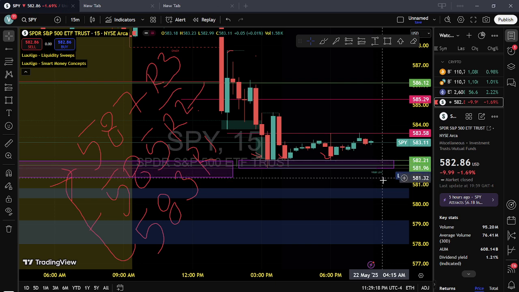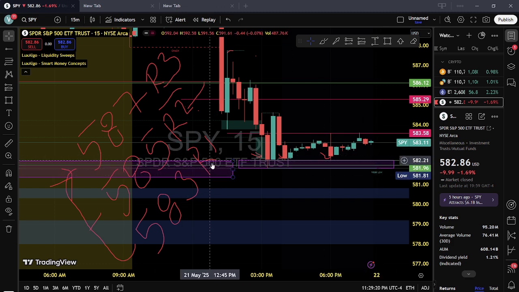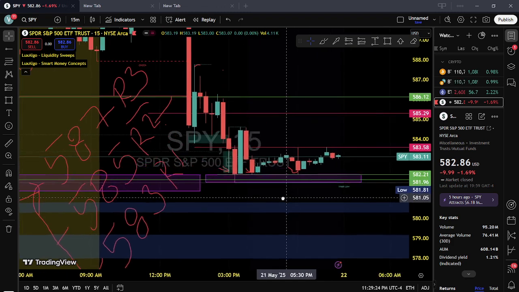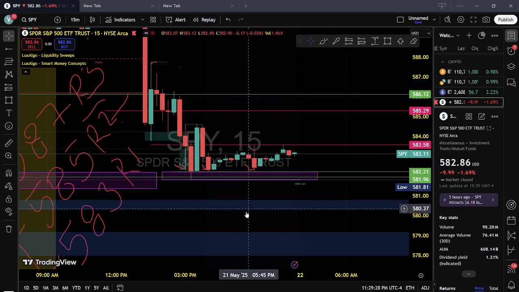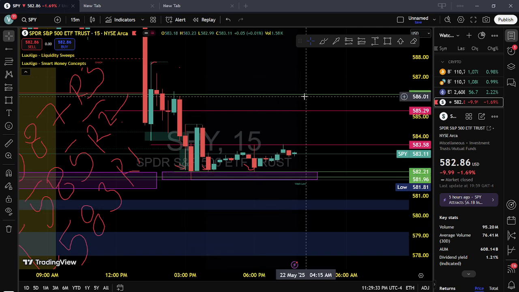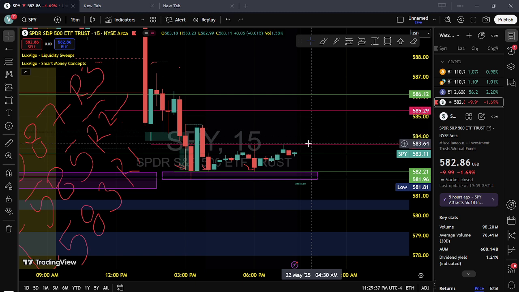Okay. And there was a gap, so the market tried to fill this gap, consolidate and try to go up. So I am expecting, before going further down, we can see some more upside up to 586 and then we can see selling again.